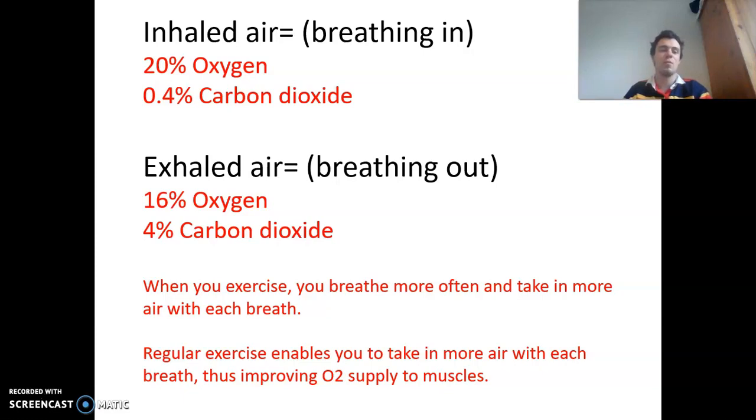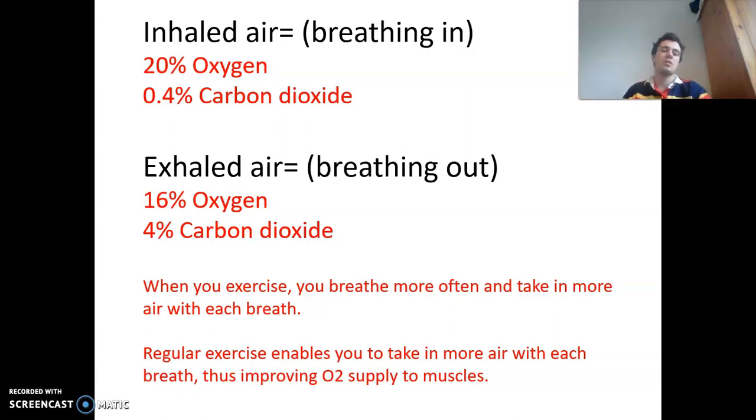That's because you're breathing in more and more oxygen and you're breathing out more and more carbon dioxide. And actually doing more exercise enables you to take in more air with each breath and get rid of more carbon dioxide with each breath. And obviously the more air you take in, the more oxygen you are getting, which means you can exercise more efficiently because you're getting more oxygen to the muscles, so you've got more energy.